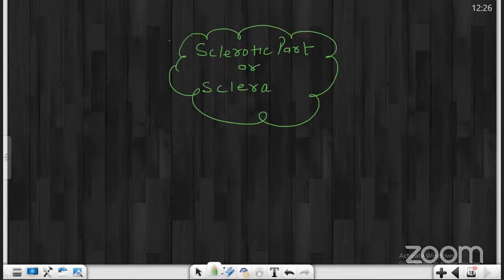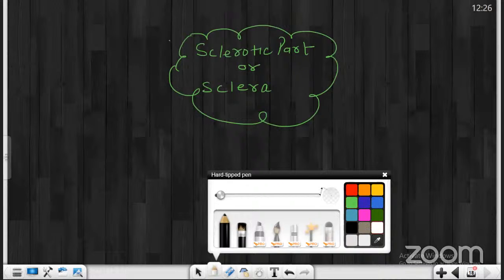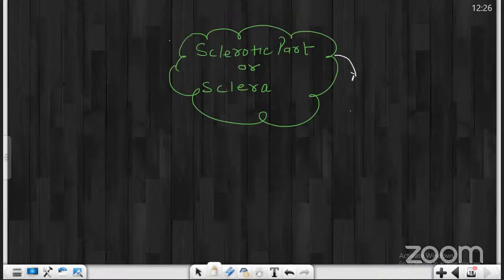So we can say, yes, it is made up of white, hard, opaque, thick fibrous connective tissue. White of eye भी कहते हैं इसको.